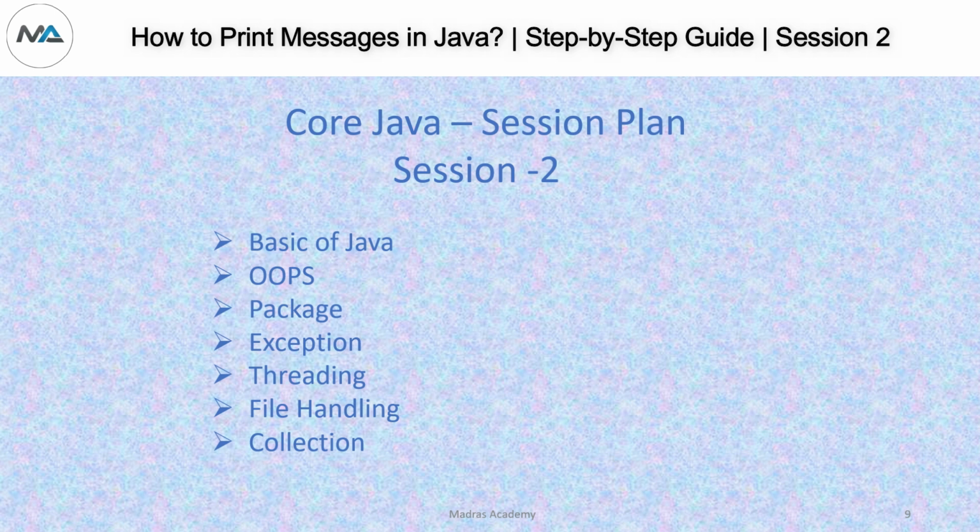How to handle that we'll see here, and after that we'll move on to the object oriented concepts. In that we are going to cover classes and object, inheritance, abstract class, encapsulation, interface, polymorphism.